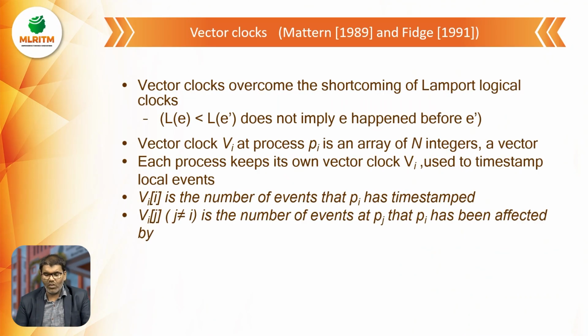Next one, the vector clock. It was designed by Mattern in 1989 and Fidge in 1991. So the vector clock was designed by two persons.